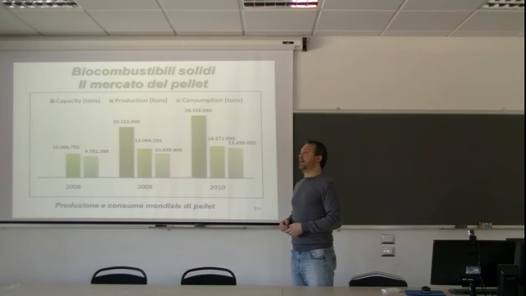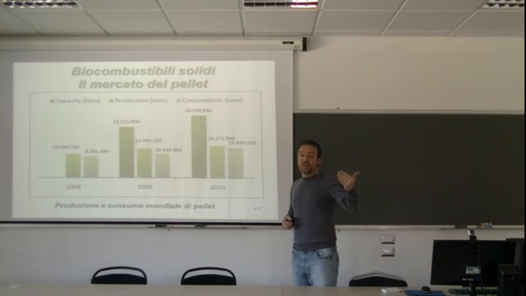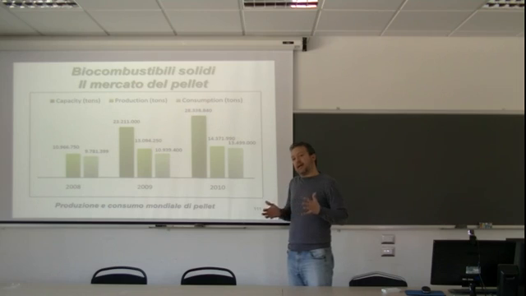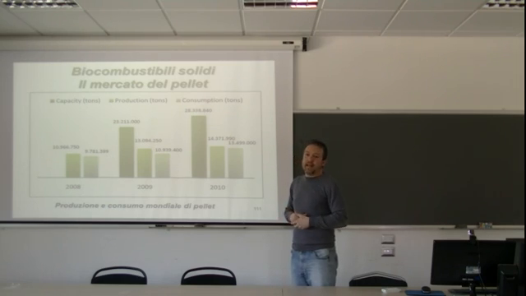Okay, the economic convenience of producing pellet is if you just have sawdust from wood industry. So it has no sense to start from wood, transform it into sawdust and use a lot of energy, and then create a cylinder with high energy.